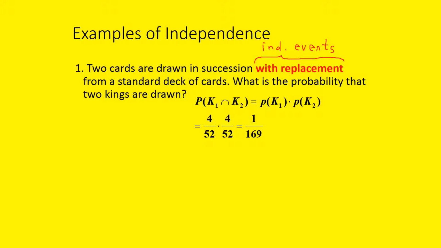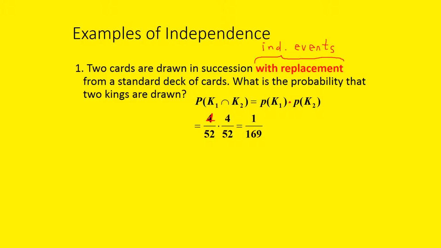So probability that two kings are drawn: probability king on the first draw and king on the second draw. Well, we're going to multiply the simple probabilities, because if you're going to replace the king that was drawn in the first draw back into the deck, then all the same probabilities are in order for the second draw. There are 4 kings in the deck, 4 successes, 52 possible outcomes because there are 52 cards in the deck.